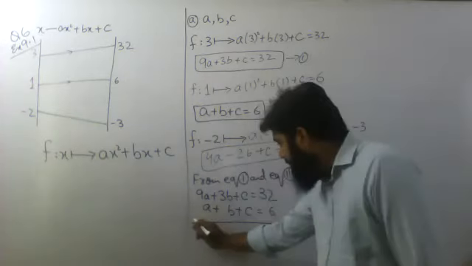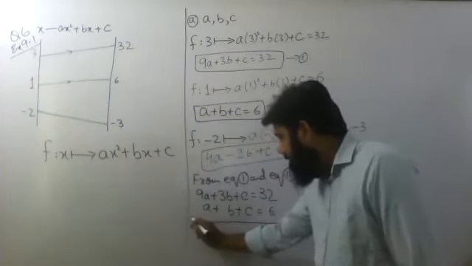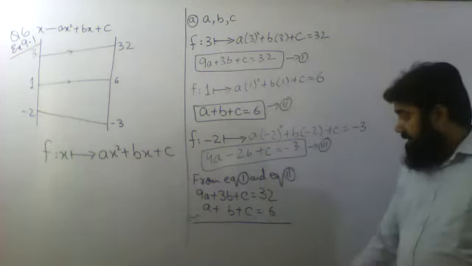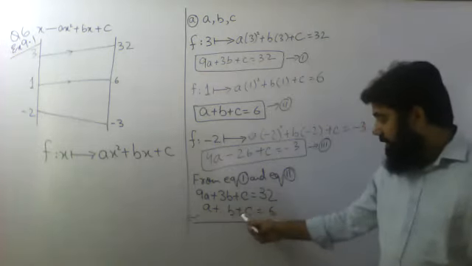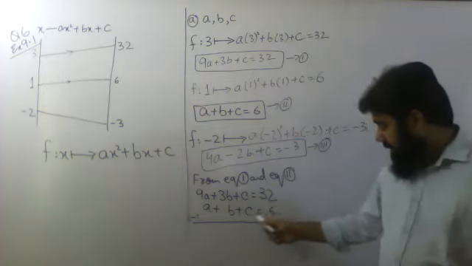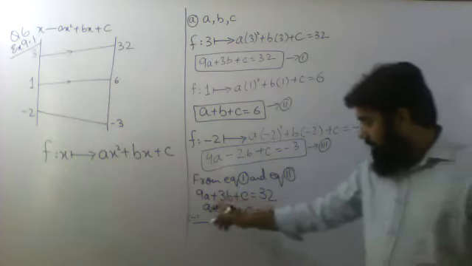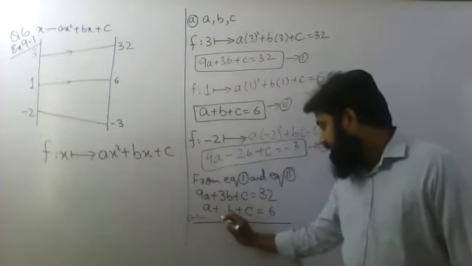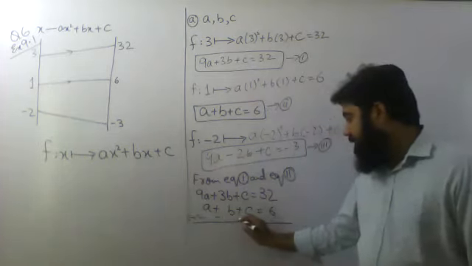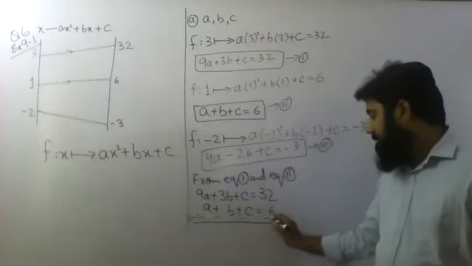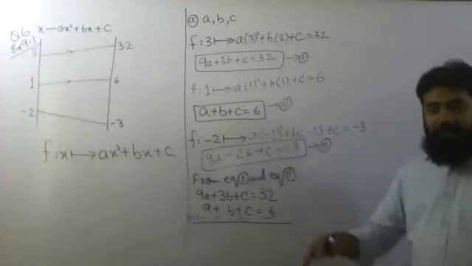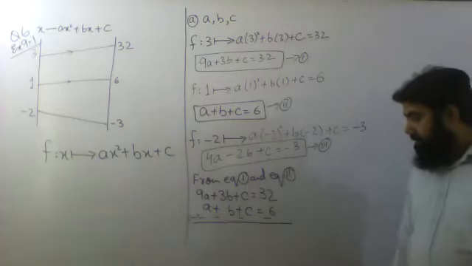When I do the subtraction, the signs of all the terms in the lower equation will be changed. So this will become minus a, minus b, minus c, minus 6. Whatever their sign, it will be reversed.